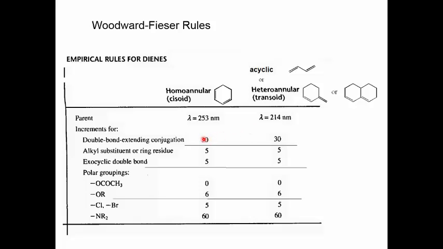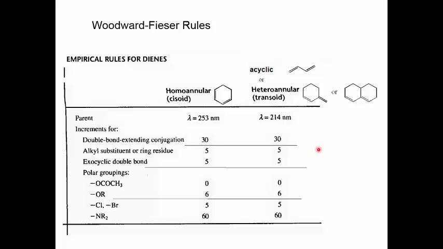An alkyl substituent on one of the double bonded carbons, one adds 5 units. That's for both systems. If one has a so-called exocyclic double bond, one adds 5 additional nanometers.